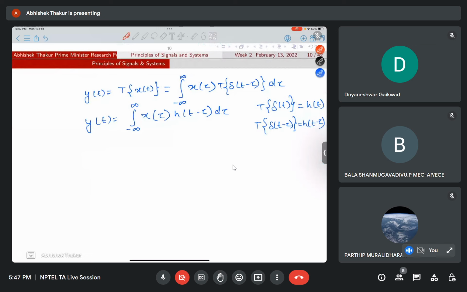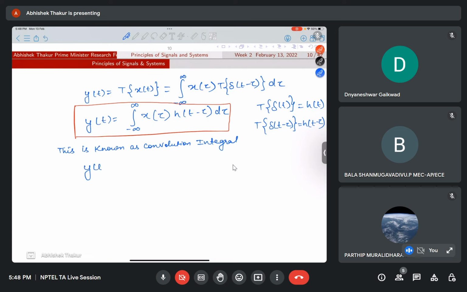And this integral is very, very important, and it is known as the convolution integral. How is it represented? It is represented as yt is equal to xt convolution ht.